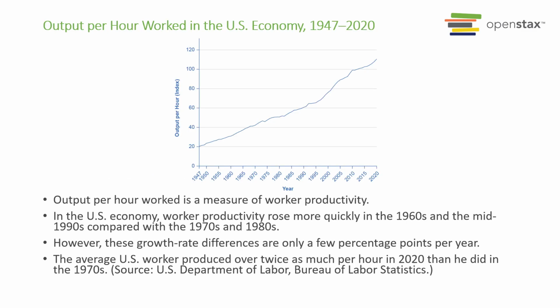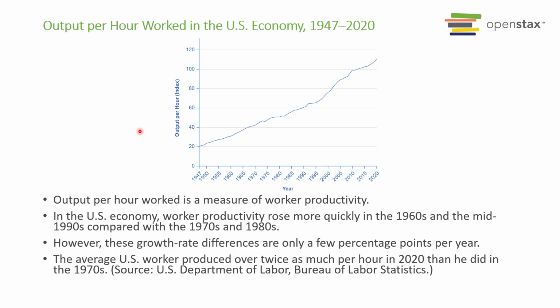All right, here's an index for you. This is output per hour, okay? So it's not 20 units of output per hour. There's usually a base year here, and if we drew it across, I'm guessing it's 2012 again, probably 2012. But you can see here output per hour has steadily risen from 1947 on to 2020, almost in a linear fashion.